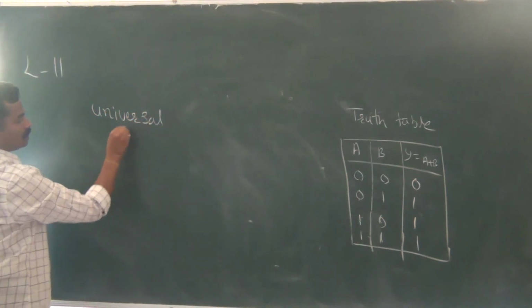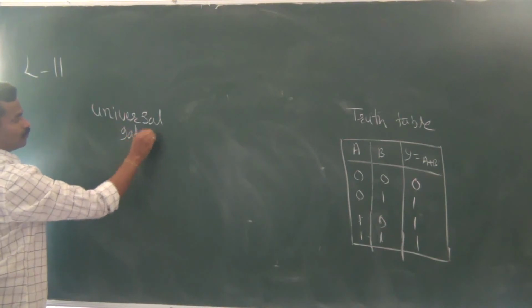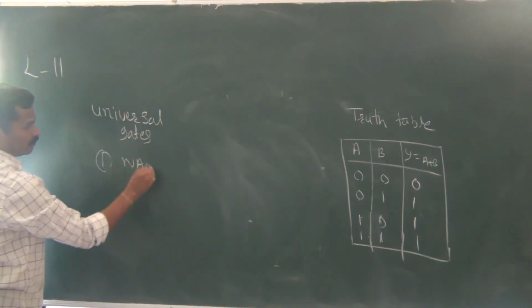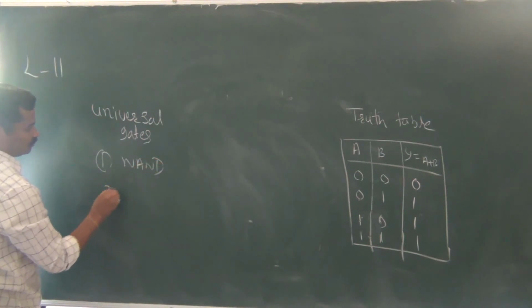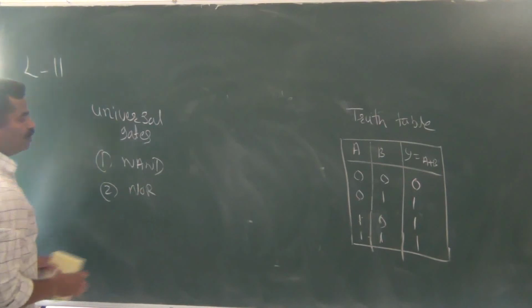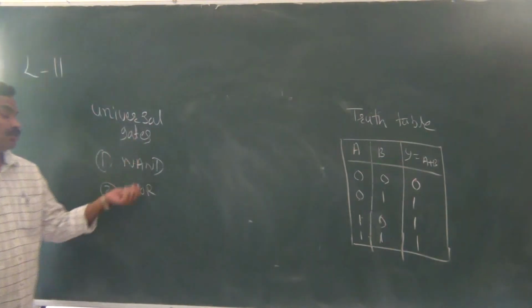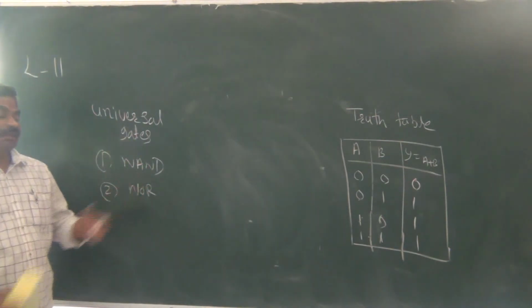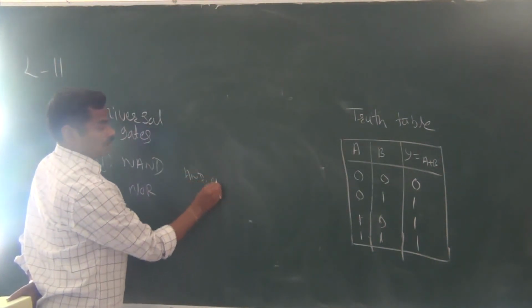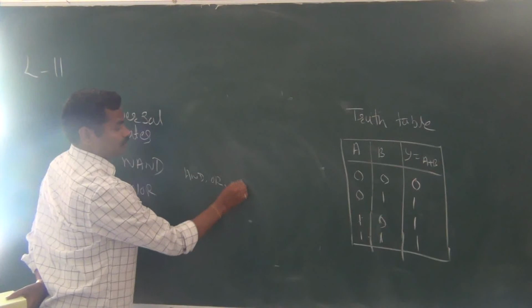Universal gates. There are only two universal gates, NAND and NOR gate. Why are these called universal gates? Because by using the NAND gate, you can construct the AND gate, the OR gate, or the NOR gate.